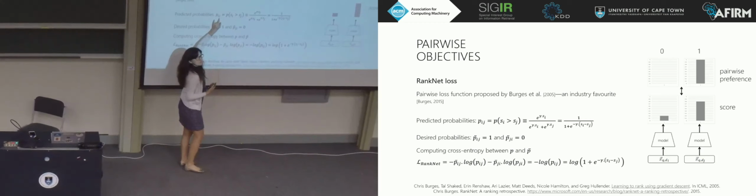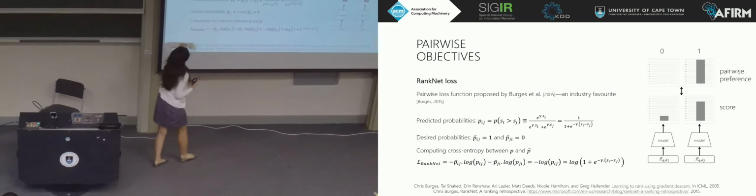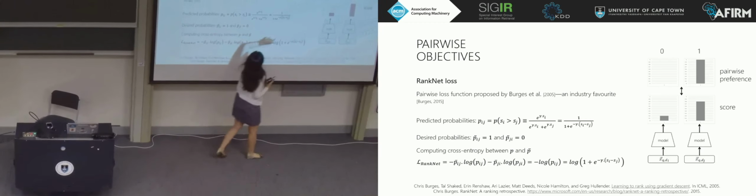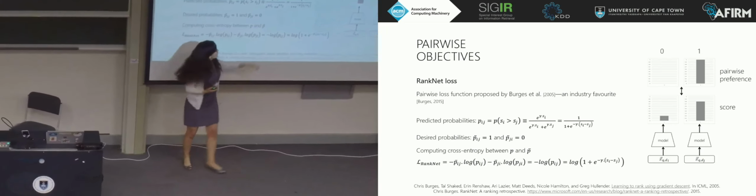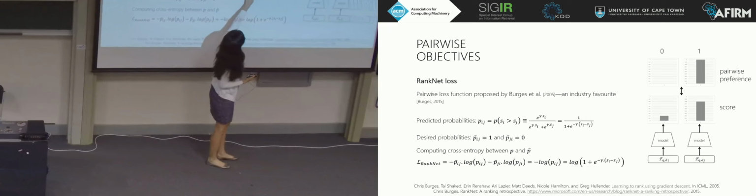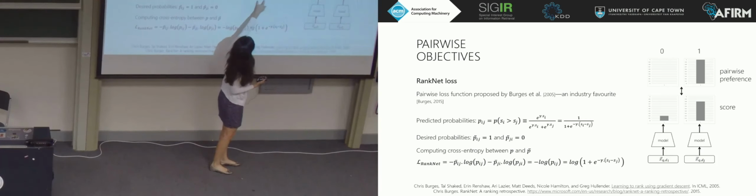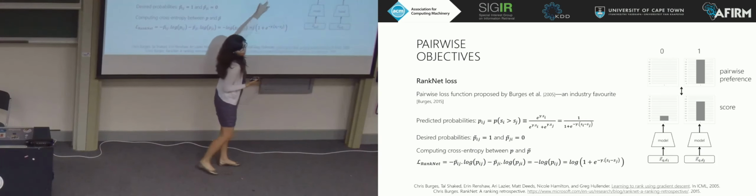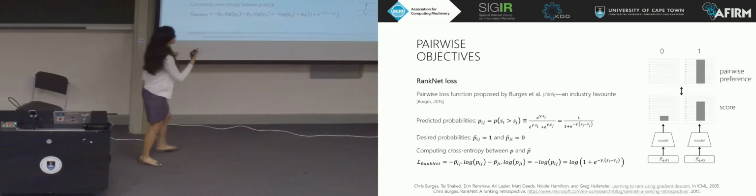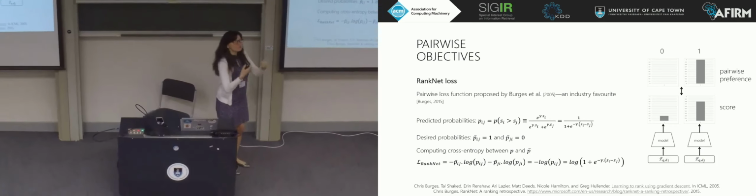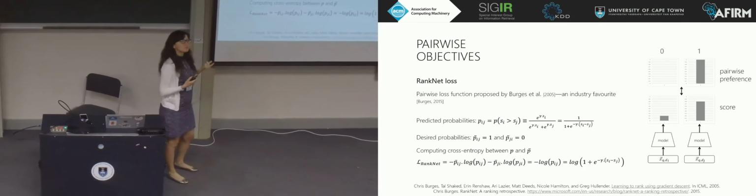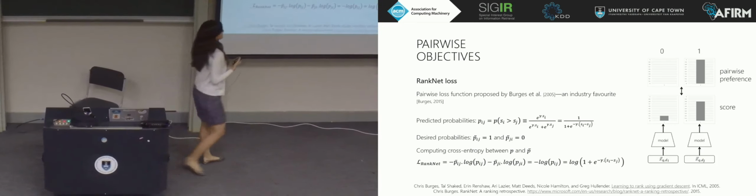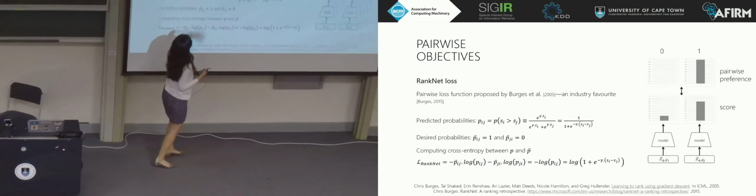In RankNet, this is computed using the logistic function, which is 1 over 1 plus e to the power minus gamma times the score difference. They took this logistic transformation to convert the two scores, Si and Sj, into a probability value, which gives us the probability that i is ranked above j.